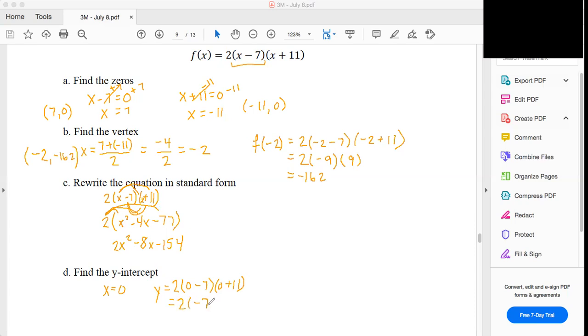So negative 7 and 11, and you multiply that all together, and that is going to be negative 154. So our y-intercept where it crosses the x-axis, or the y-axis, sorry, is going to be 0, negative 154. I'm going to clear that, and we're going to do another example. We've got a few examples to do today.